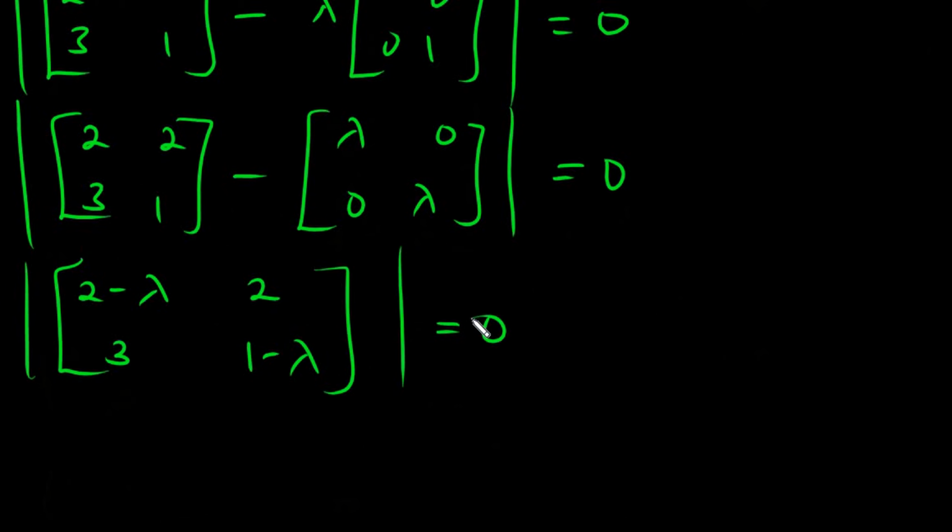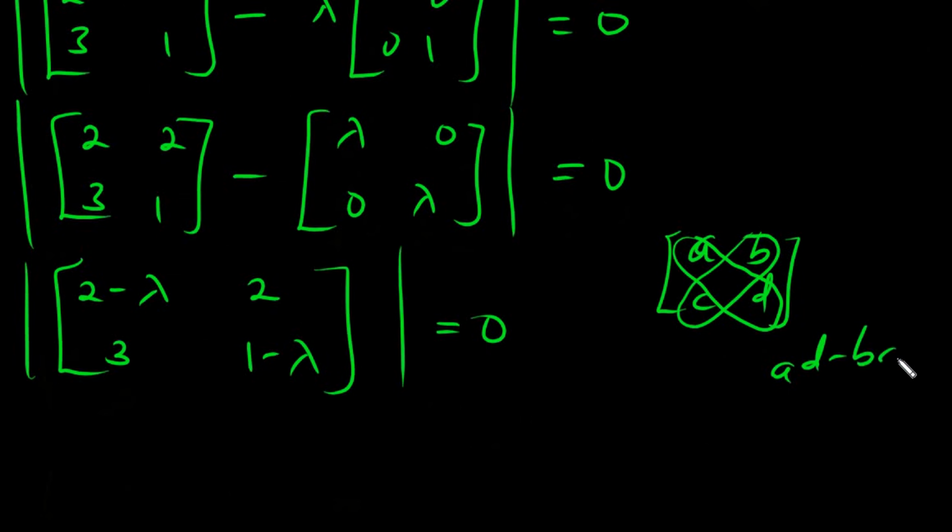In the past we learned how to find the determinant of a 2x2 matrix, and we said that if we have a 2x2 matrix A, B, C, D, the determinant is equal to the product of this diagonal minus the product of this other diagonal, that is AD minus BC.